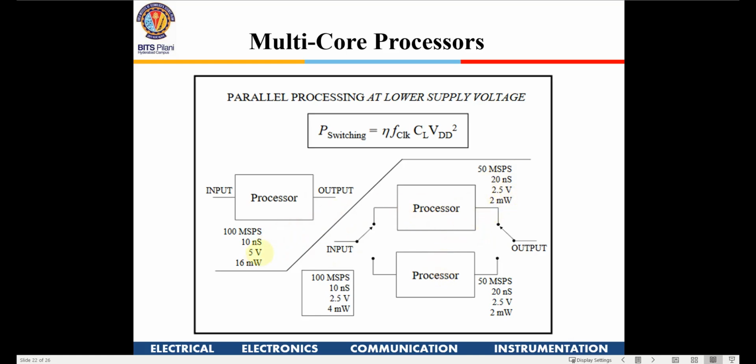Instead of 5 volt VDD, I am going to use 2.5 volt VDD, and I am going to reduce the clock frequency also. The delay will be more because VDD is reduced and it will work slowly now, so the delay goes to 20 nanoseconds.